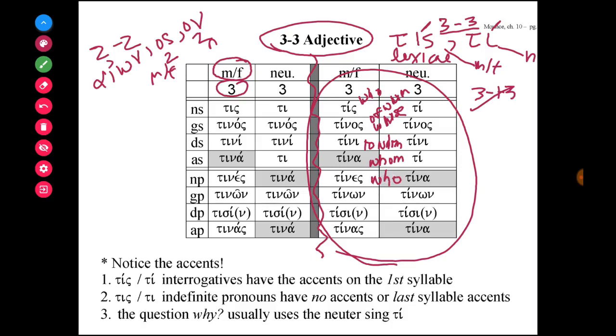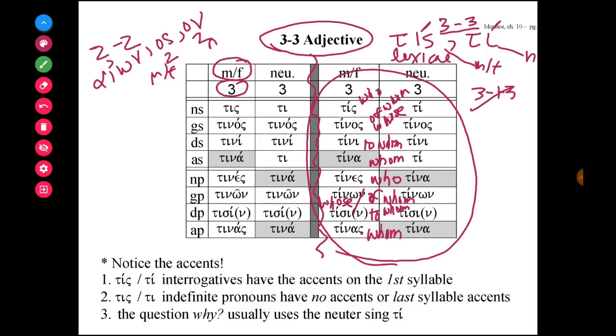It's plural, but you would still say who are. You would make the distinction with the verb, not with the pronoun. This would be of whom or whose. You can say whose in the genitive. This would be to whom, and then this would be whom.